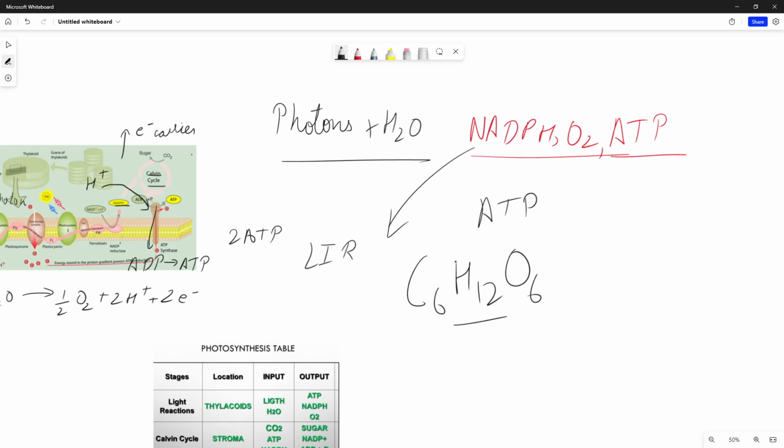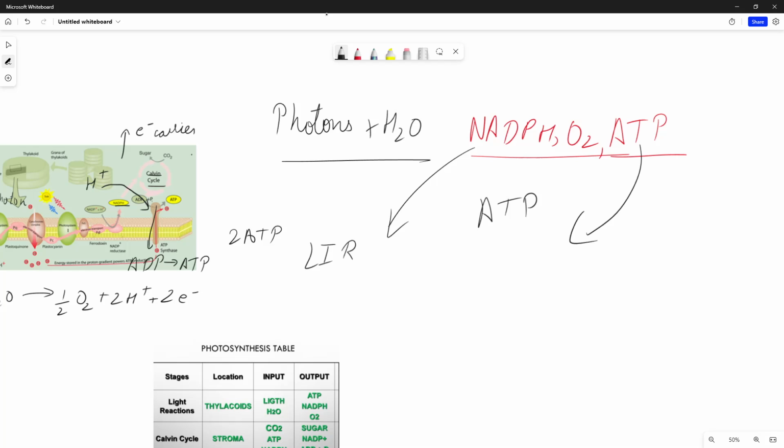So we have the H, we have the O, but we don't have the C, and the availability of C we get from carbon dioxide. Fixing means basically getting the carbon dioxide, and the fixing requires energy, and we produced ATP here, so that means we have energy now.